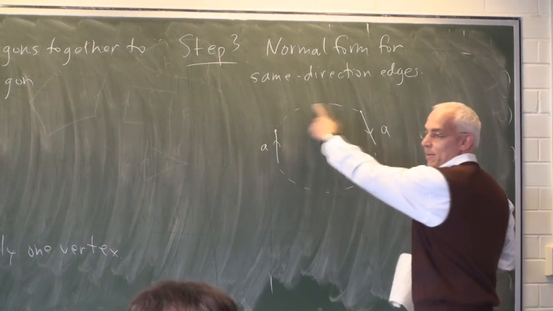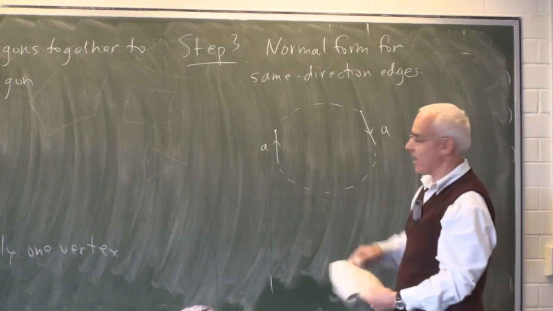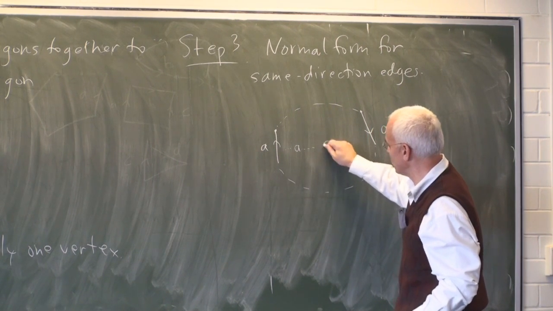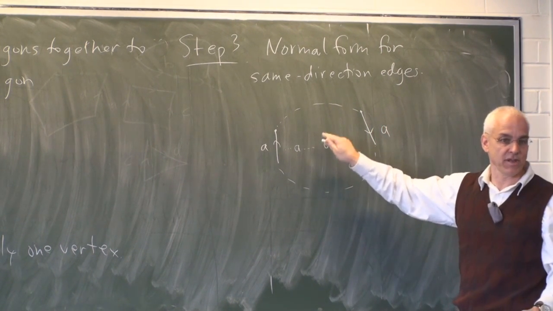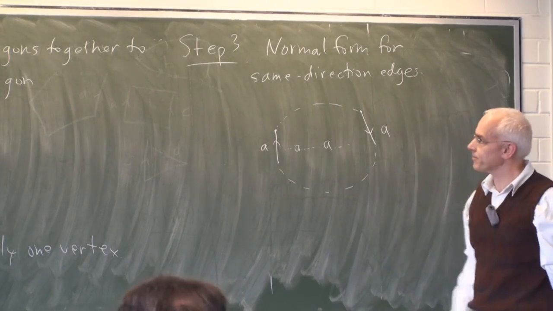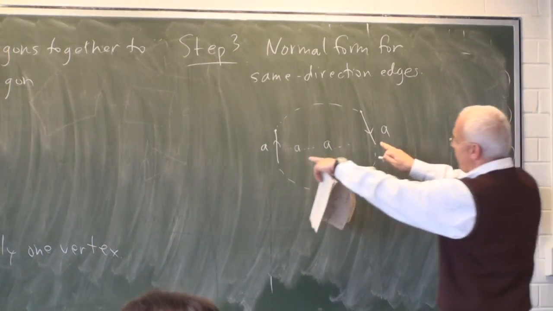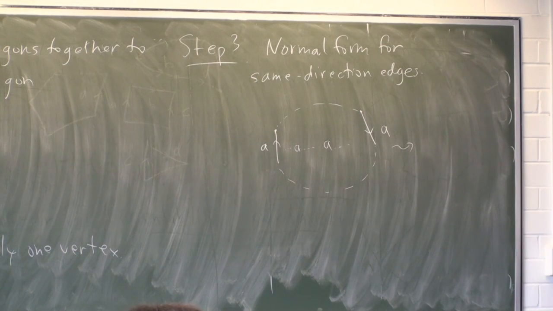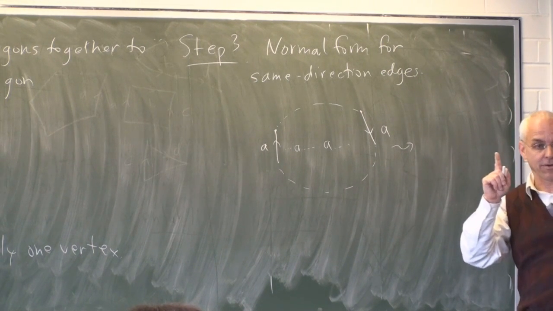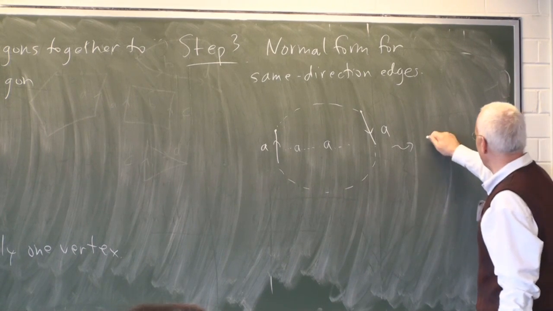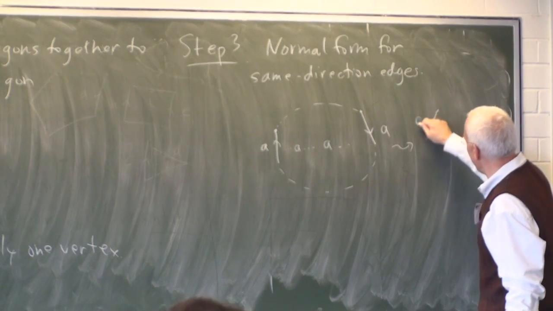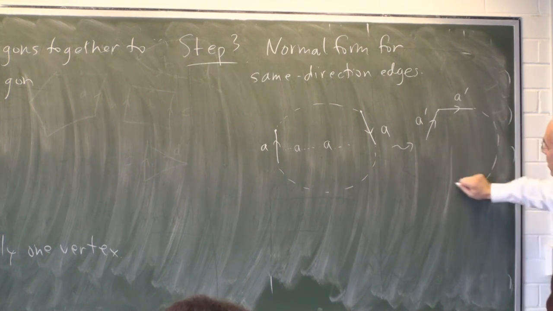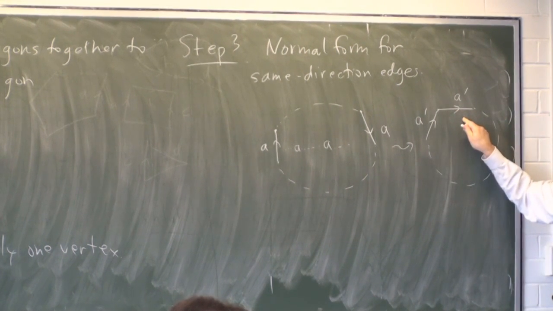We call these edges in the same direction. That is, when we read the word, there's an A that appears, and then eventually the A appears also, not with an inverse. Okay. So we want to go from this kind of situation to a situation where the two A's have been replaced by, say, A primes, which are together. So we want to replace this with, say, a new edge A prime and a new edge A prime, which are together.